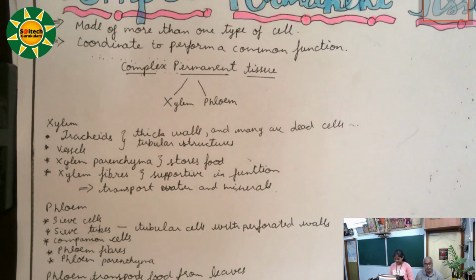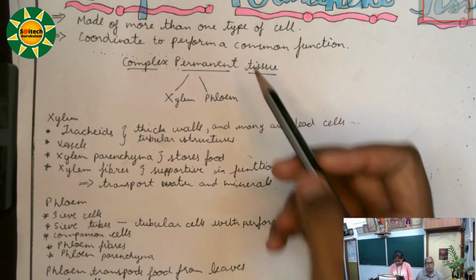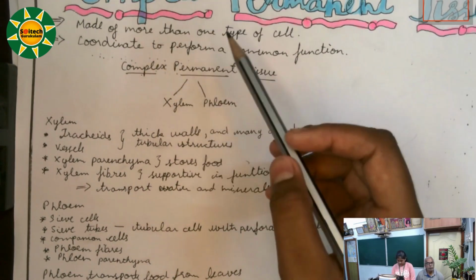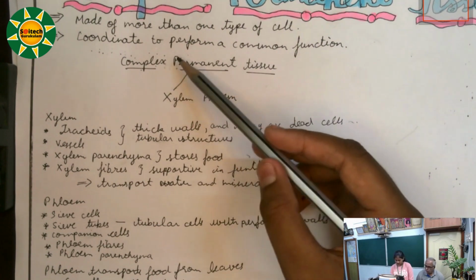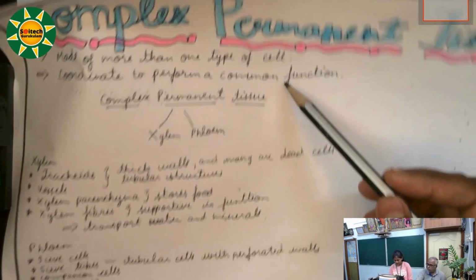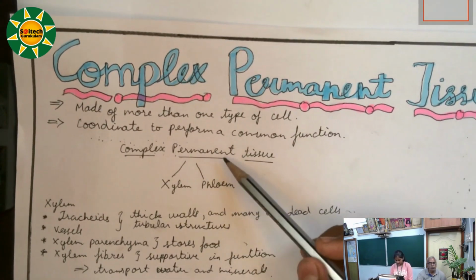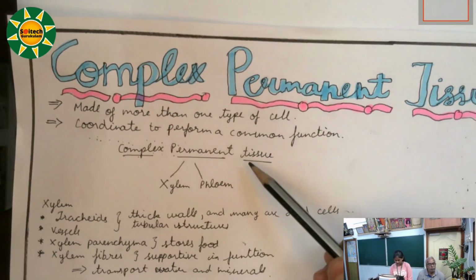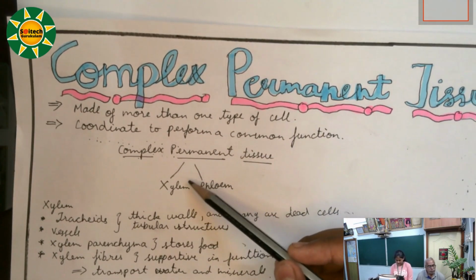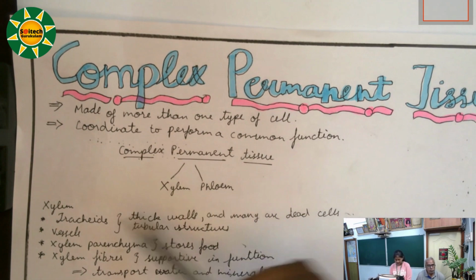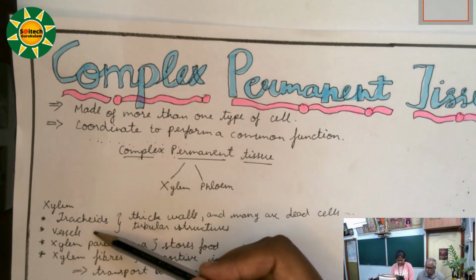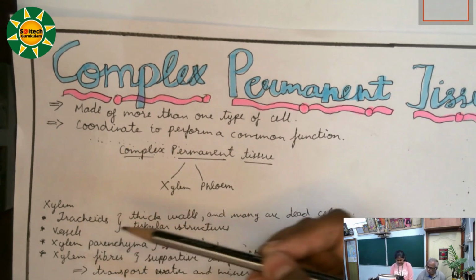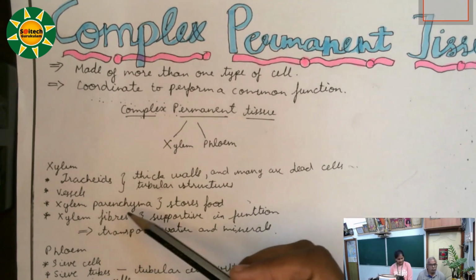So complex permanent tissue is made of more than one type of cell, and they all coordinate to perform a common function. Complex permanent tissue is majorly divided into two, that is xylem and phloem. Xylem has four parts in it: tracheids, vessels, xylem parenchyma and xylem fibers.